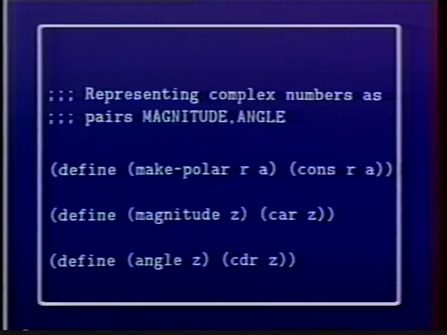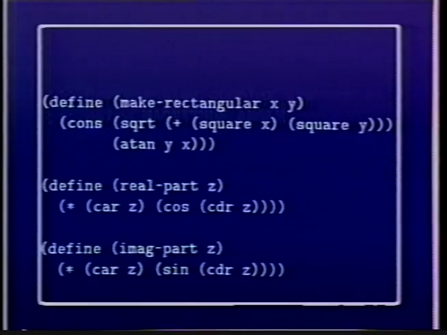If you want to look for real parts and imaginary parts, well, then you have to do some work. If you want the real part, you have to get r cosine A. In other words, r, the car of the pair, times the cosine of the cdr of the pair. So this is r times the cosine of A, and that's the real part.